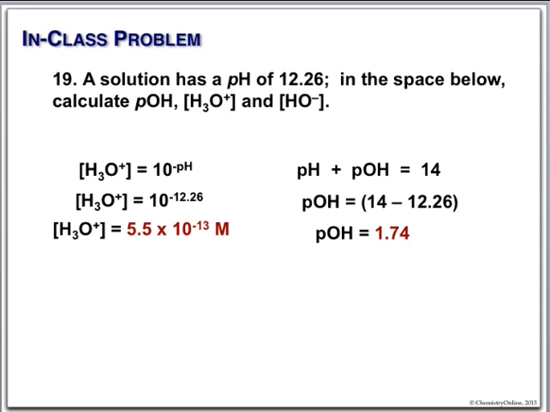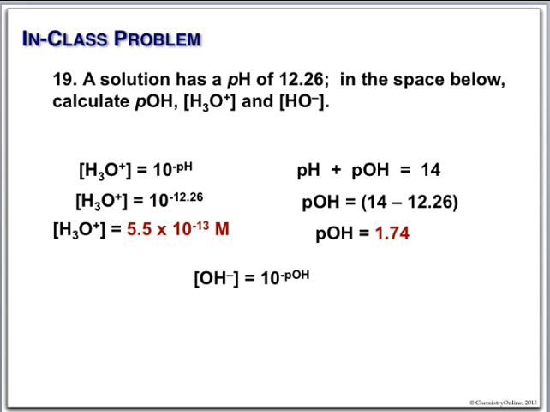And finally, we have to somehow get hydroxide ion concentration. Two simple ways you could do this. Probably the simplest is just the same operation we did here for hydronium. Remember, hydroxide, just like this guy, concentration is 10 to the minus pOH. So the same bit of math that you did here, you're doing here.